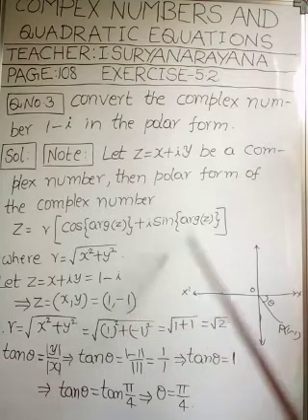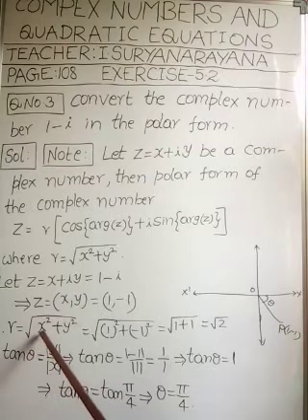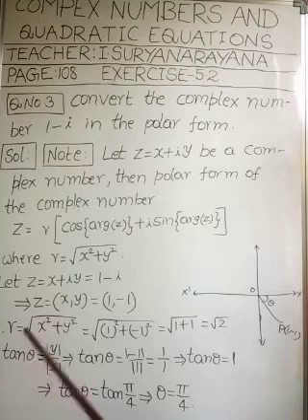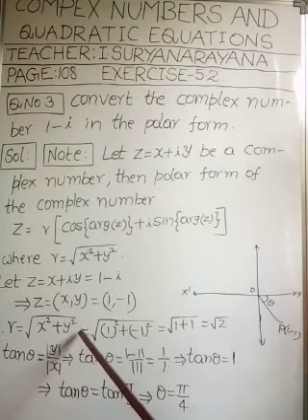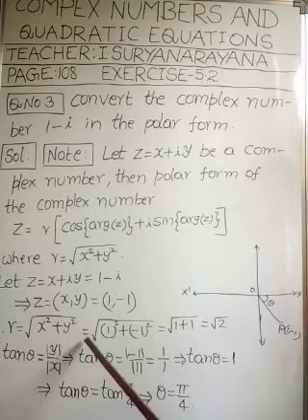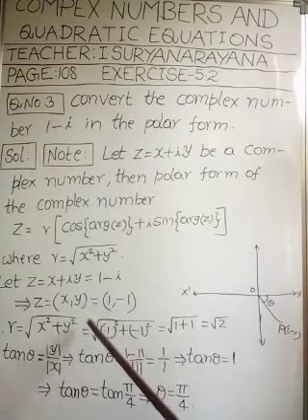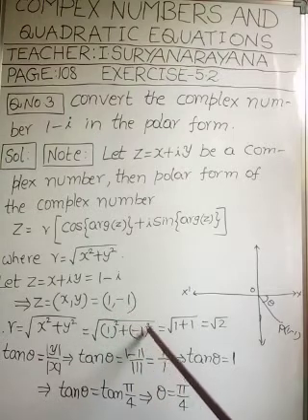Understood this step? Right. Therefore, r is equal to the square root of x square plus y square. We are finding the value of r by using this formula. In this formula, we substitute the values of x and y: square root of 1 whole square, the x value, plus y value minus 1 whole square.